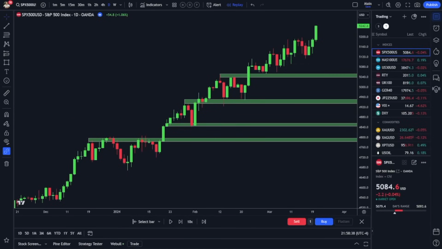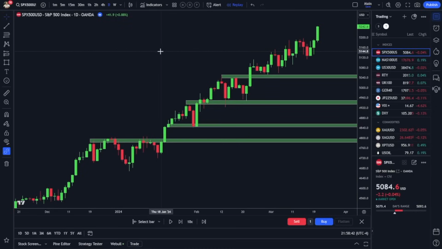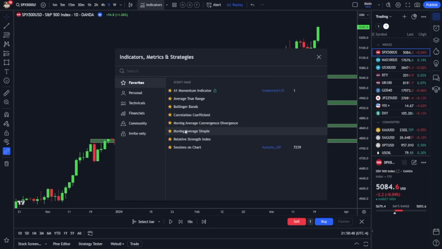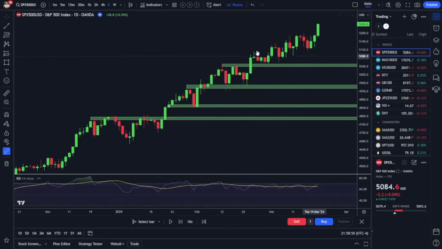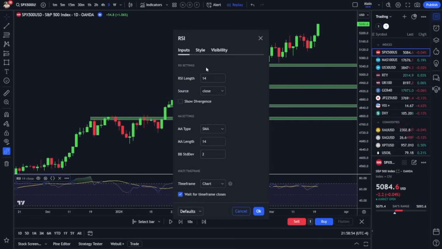There's not a hard coded formula for how I define a support level, though I will give you a quick little example of something that I like to do. If I go in here and I just add an RSI, I love doing this. If you struggle with finding good hard levels of support, try this out.